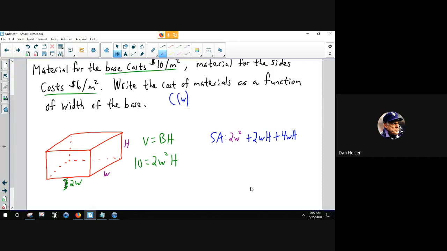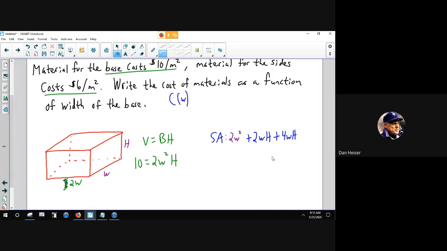That 2W squared is a little different cost. Right now, we have a problem. We still have too many variables. We have to eliminate one of those variables. One of those variables has to go away.